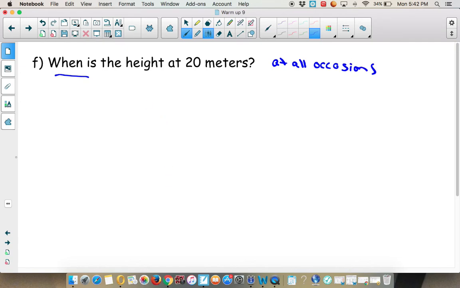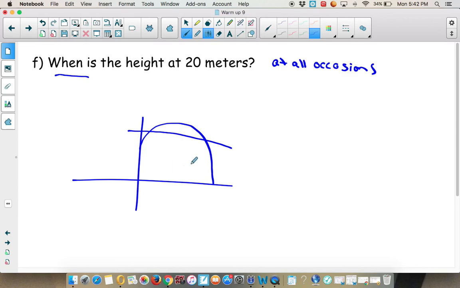Okay, so again, we've got something that looks like this, and I'm going to put the 20 in my y2. So this happens at t equals 0.242, and again at 6.758. And I'm just doing second calculate intersect.